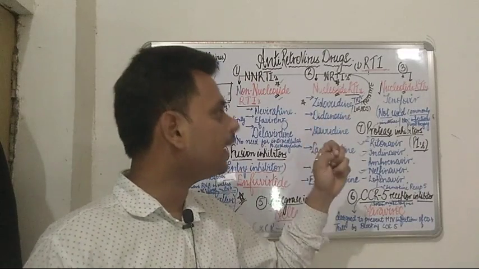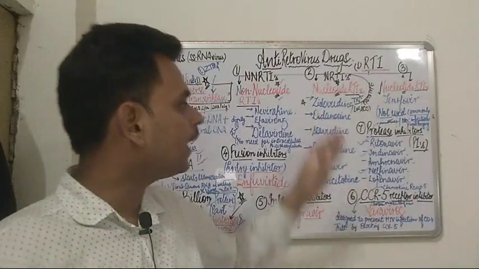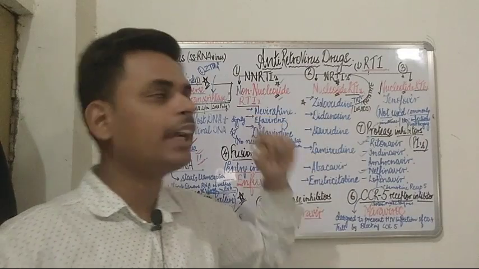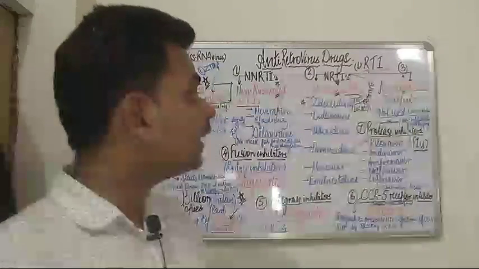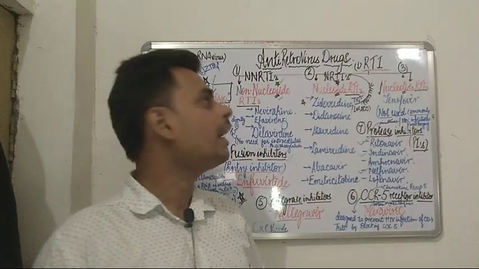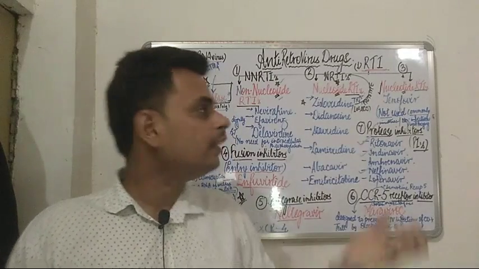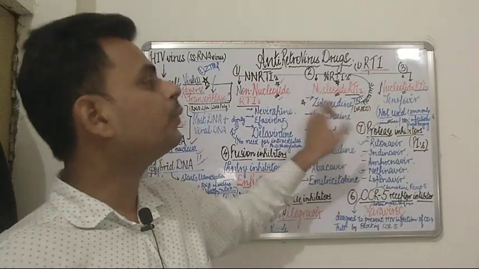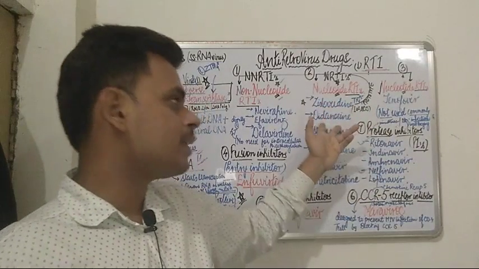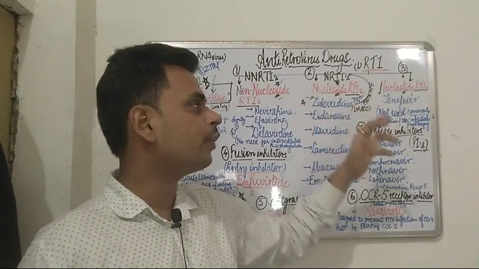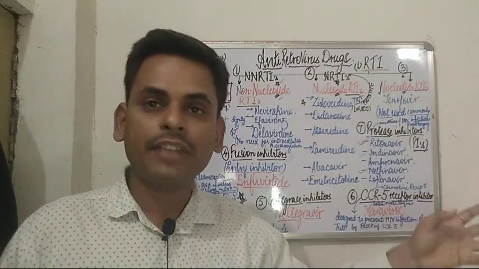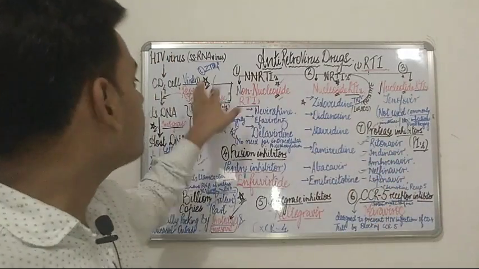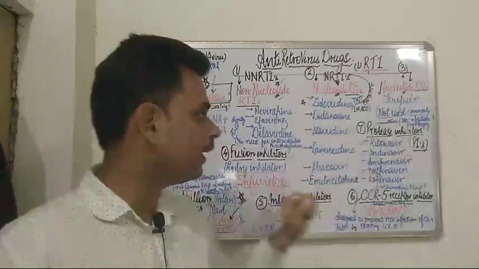Moving on to the next drug under the nucleoside reverse transcriptase inhibitors, it is didanosine. In the very same manner, after entering the cell cytoplasm, it gets phosphorylated into didanosine triphosphate, and this didanosine triphosphate selectively inhibits the viral reverse transcriptase enzyme.